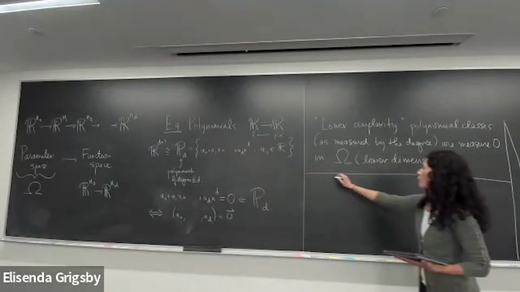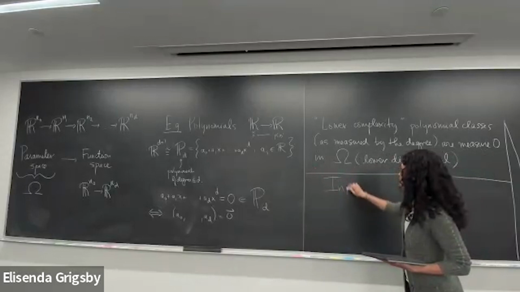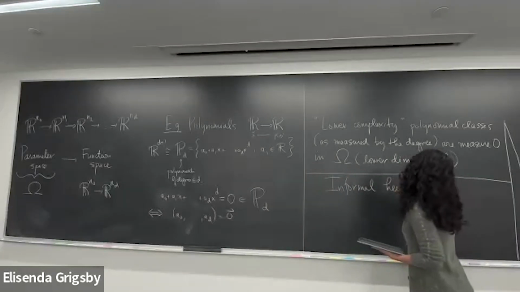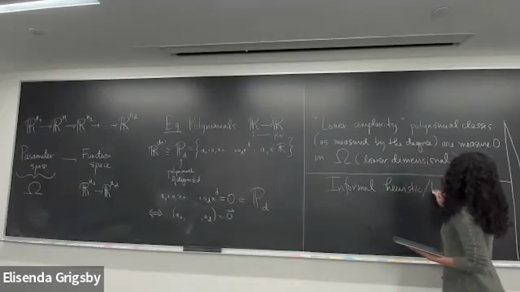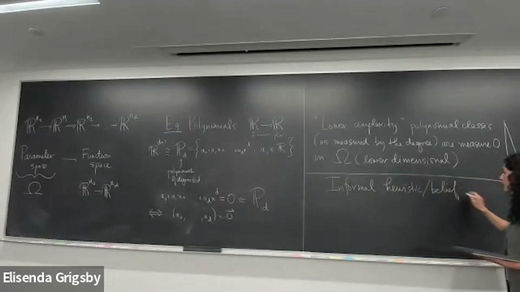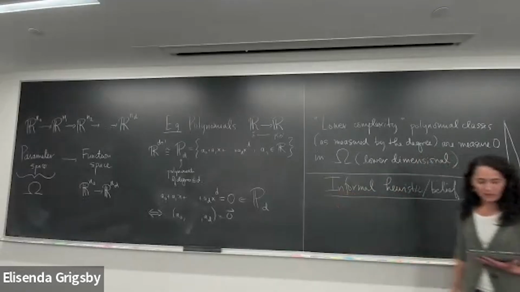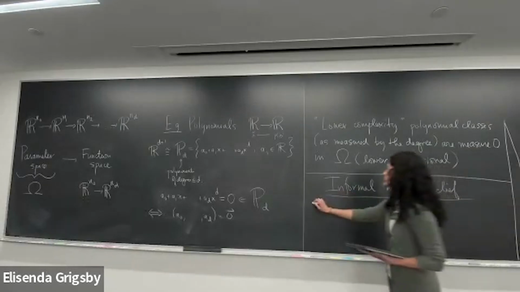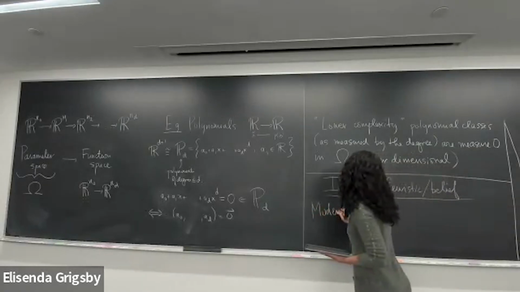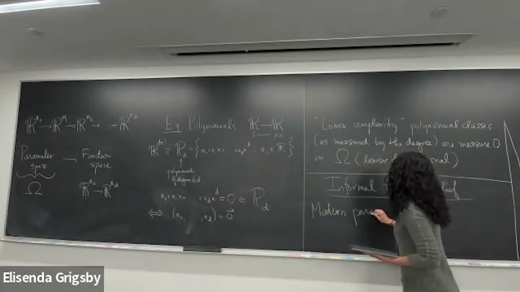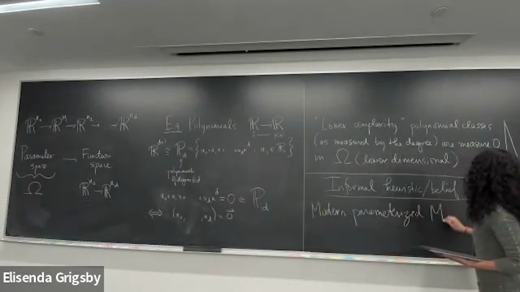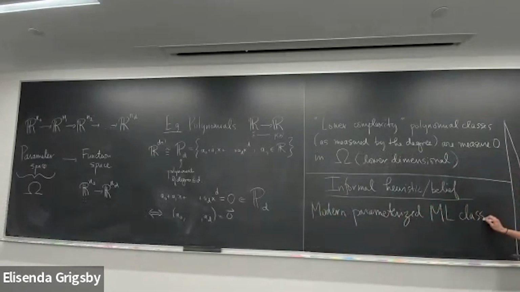Here's an informal heuristic, or belief that's gradually building in the community: modern parametrized function classes for supervised learning are highly redundant.